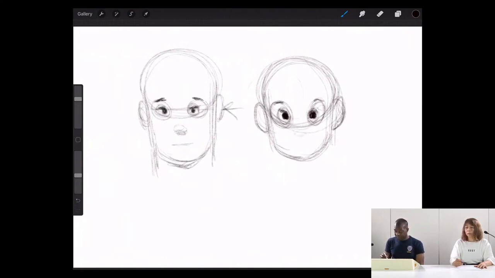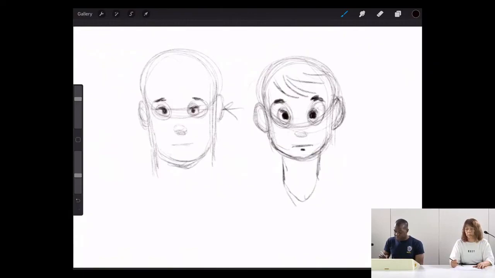And you see, the jaw is not really developed yet. The jaw is quite a bit smaller. I think I said before, the ears are going to appear to be larger as well because of that.